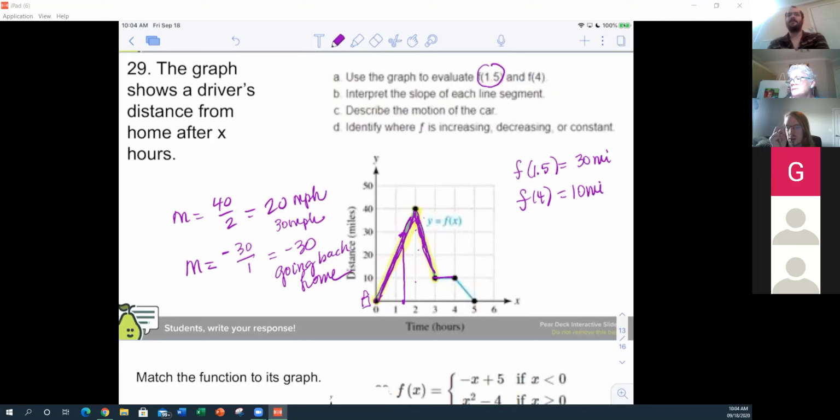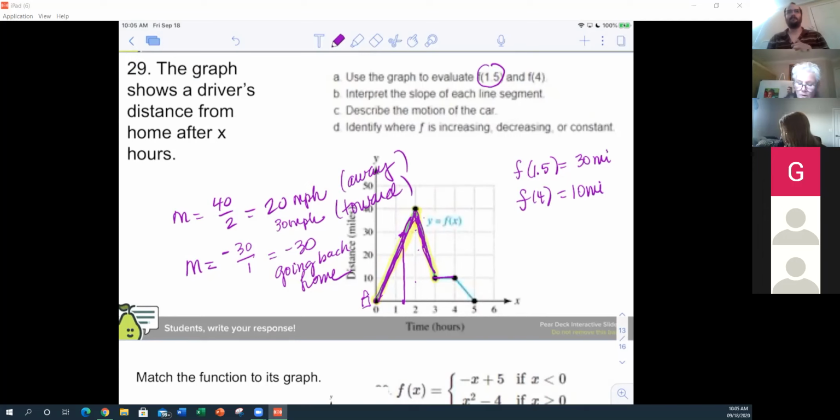When we talk about miles per hour, a rate like that is always going to be positive, but the negative indicates the direction that you're going. So it should probably really say 20 miles per hour away, and then 30 miles per hour towards, right? Yeah, just make sure that you indicate what direction he's going.